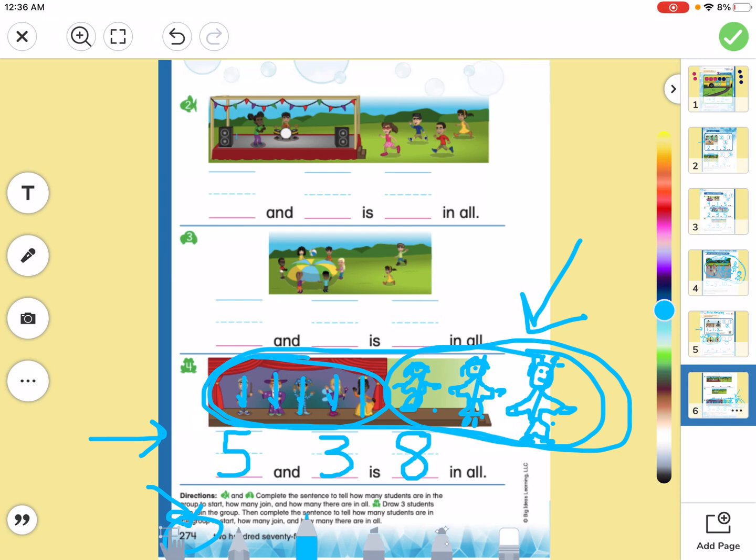I want you to take a picture of both pages. Well, you'll have to click the green Add Response button on this lesson. Take a picture of both pages close up so I can see all of your answers. And then put them in the template Mrs. Hensley has provided and click the green check mark button when you're ready to submit that to Mrs. Hensley.